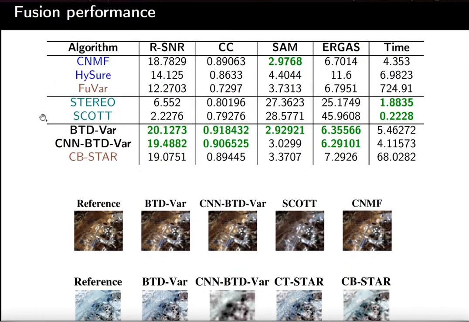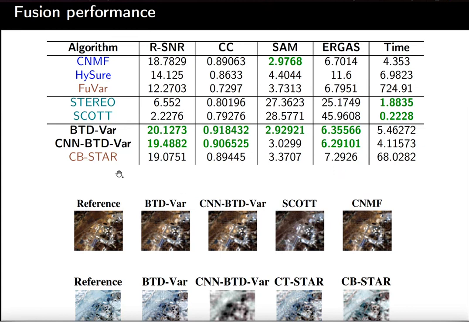So in the table, I show different reconstruction metrics. So the most important one is the reconstruction SNR, but there is also cross-correlation, spectral angle mapper, that all give an idea of closeness to the real image. And I also give the computation time of each method. So first, what we can see is that the two algorithms that I proposed, BTD-Var and CNN BTD-Var, give some of the best reconstruction metrics.